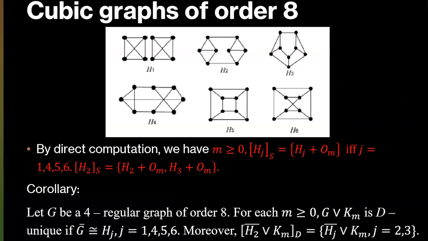And of course, using the theorem just now on regular graphs, we are able to make the conclusion that Hj is actually star unique if j is 1, 4, 5, 6, okay? And H2, H3 form an S equivalence class. And the complement of this graph must be a 4 regular graph of order 8. And so immediately we get new results on D uniqueness and D equivalence classes of graphs.